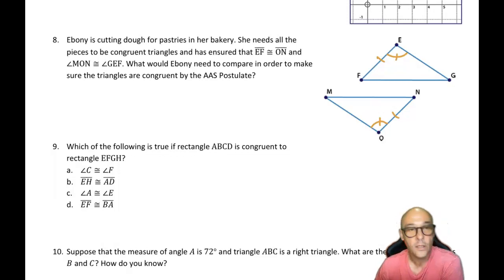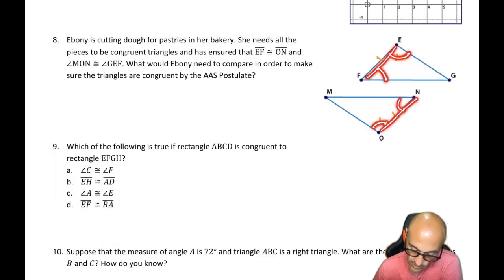All right, great. What would Ebony need to compare in order to make sure the triangles are congruent by the angle, angle, side postulate? If you say this angle is congruent to that angle, be careful, that is angle, side, angle.